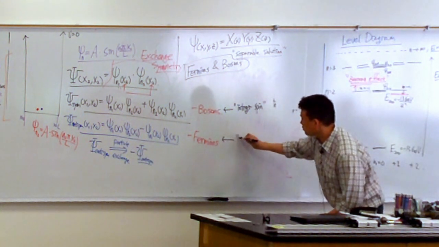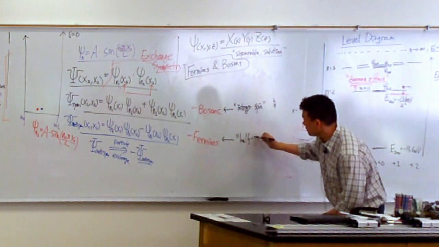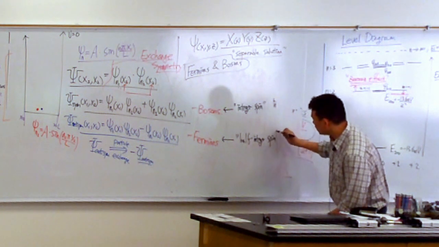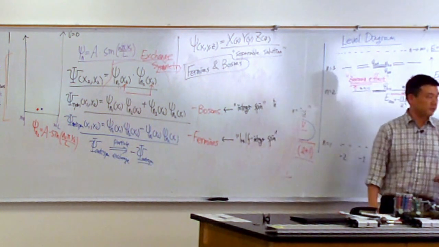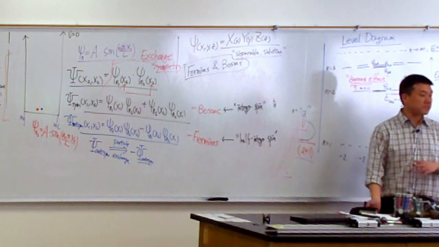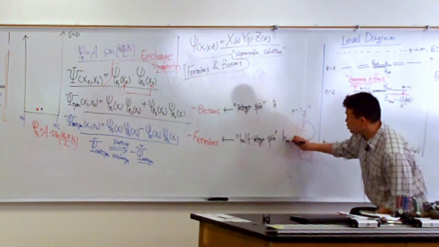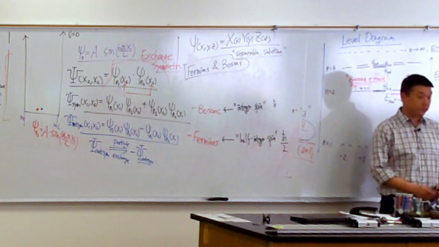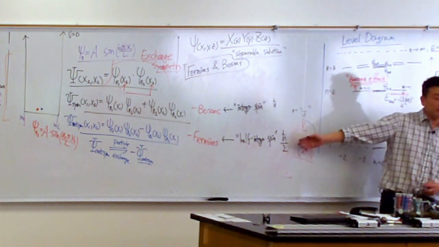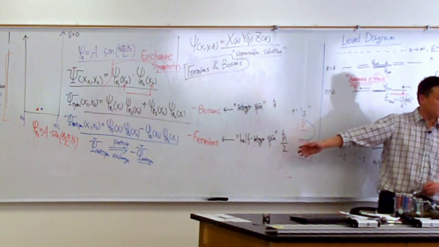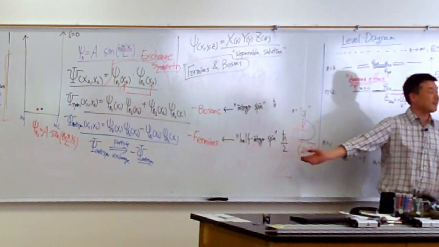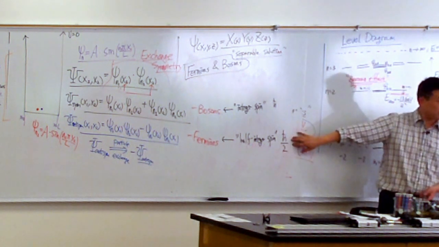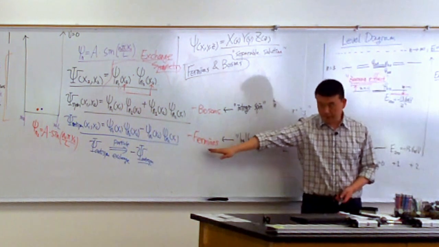Fermions have half integer spin. The most common example is h bar over 2. It's kind of weird: L can never take half integer values, but spin can, because spin is a quantum mechanical thing for which there's no classical analog. Electron spin comes in half integer spin, so the electron is a fermion.